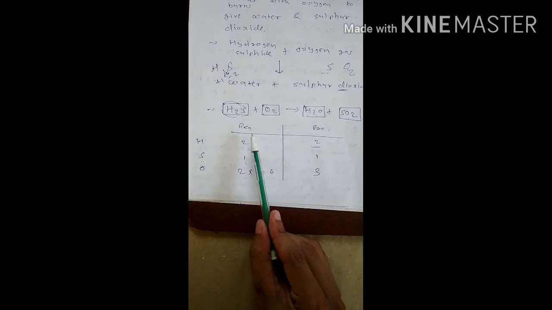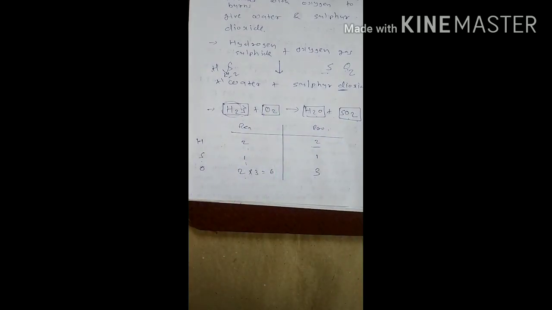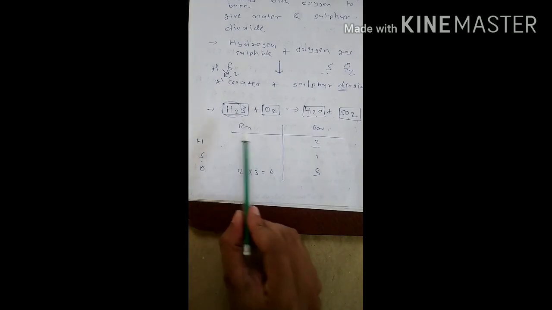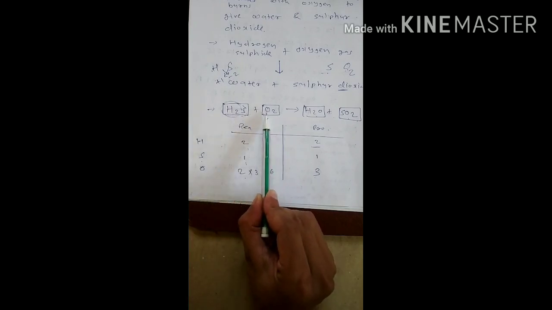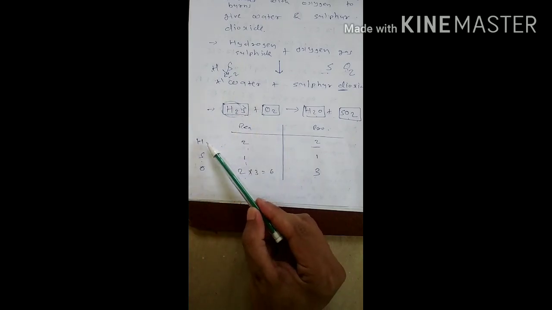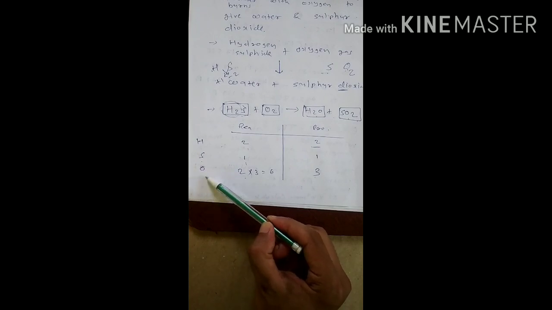Now make a list. The second step was to make a list of atoms of all elements on the reactant side as well as on the product side. So here I have written on the reactant side hydrogen, sulfur, and oxygen.